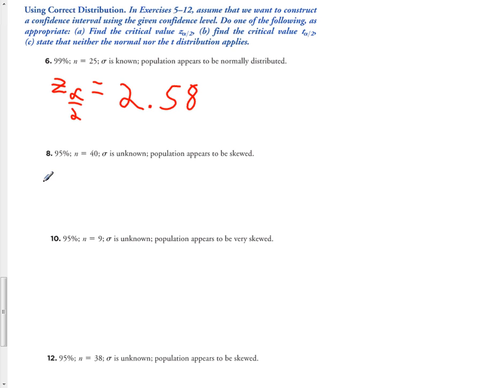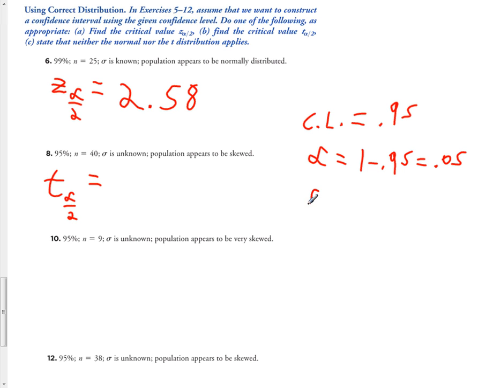So we're going to be looking for the t of alpha over 2. Well, let's go ahead and find alpha over 2, and then look at table A3 to find the t-score. Alpha is 1 minus the confidence level. Here, the confidence level is equal to 95%, which is 0.95. So alpha is equal to 1 minus 0.95, which is 0.05.